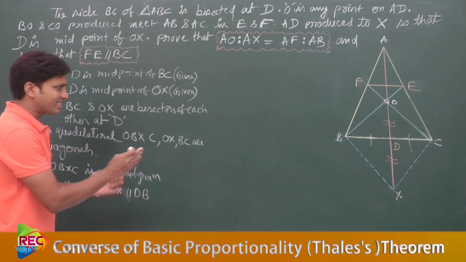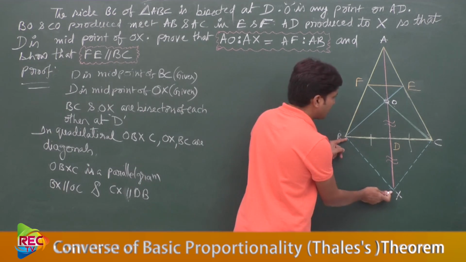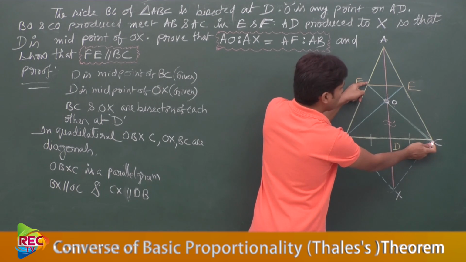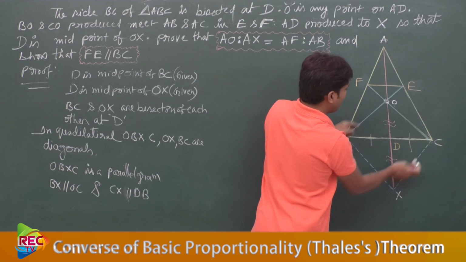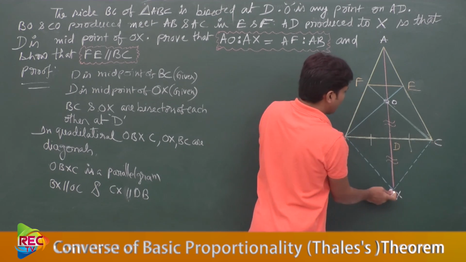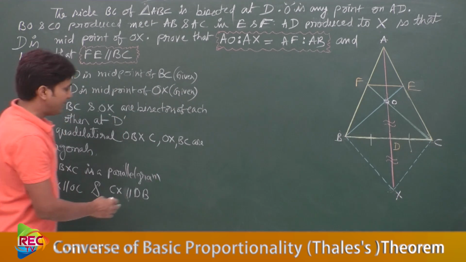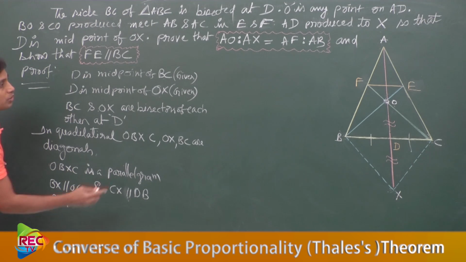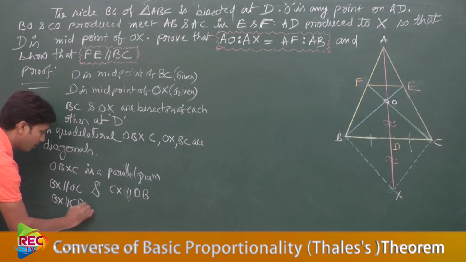Now let us extend it further. See, BX is parallel to CO, then BX is parallel to CF also or not? Because when this is parallel to this, the entire line is also parallel to this. So BX is also parallel to what? CF.